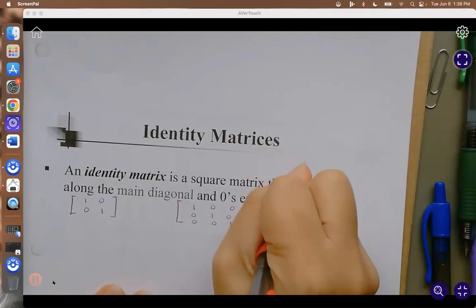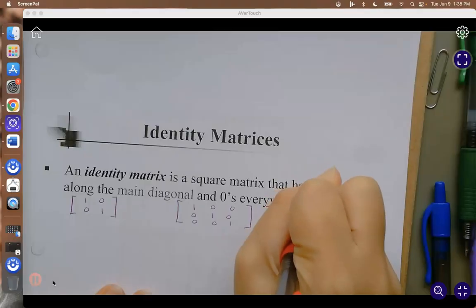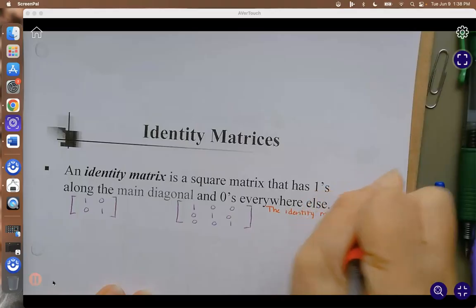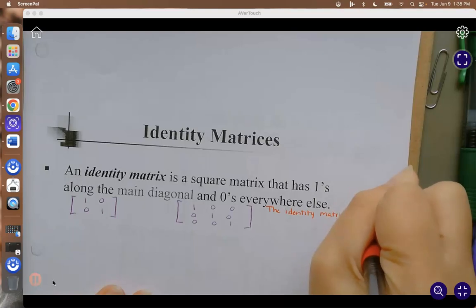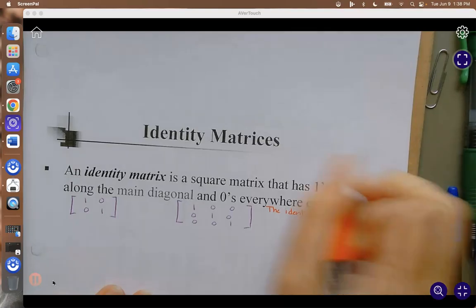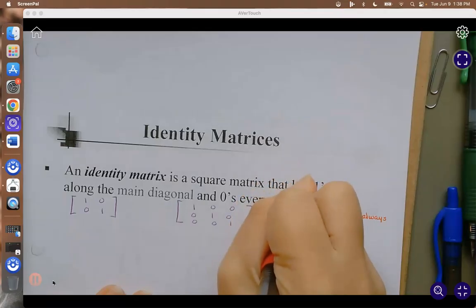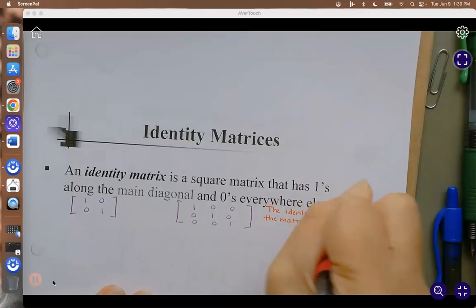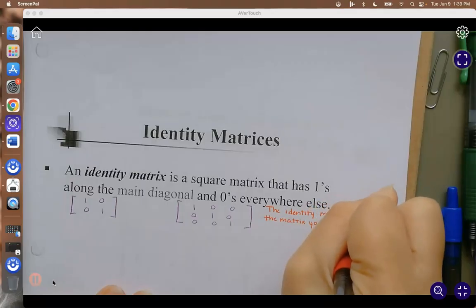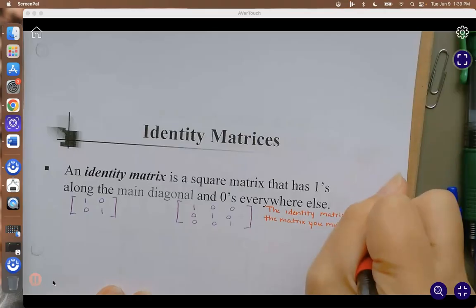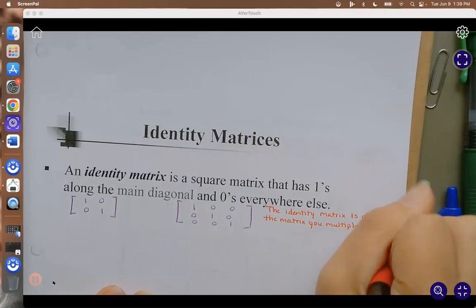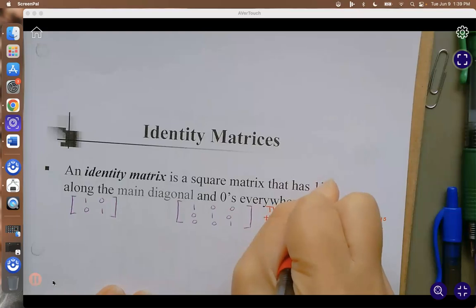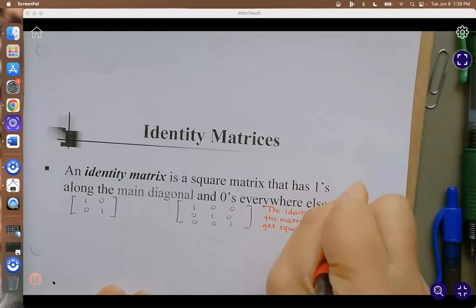Okay, now a fact that you need to know: the identity matrix is always the matrix you multiply by to get equivalent numbers.